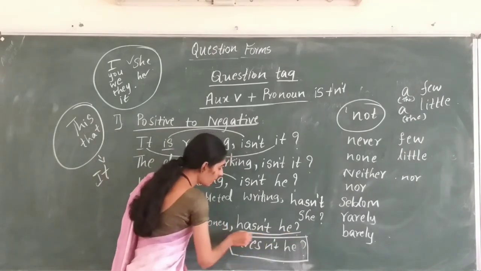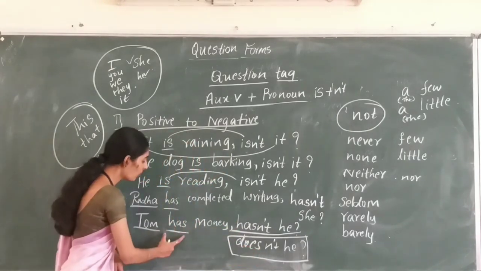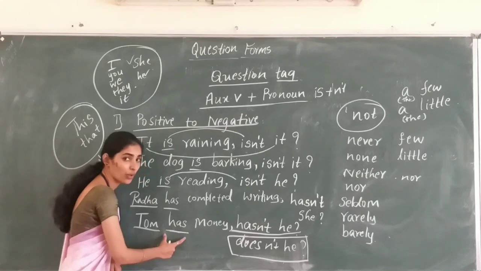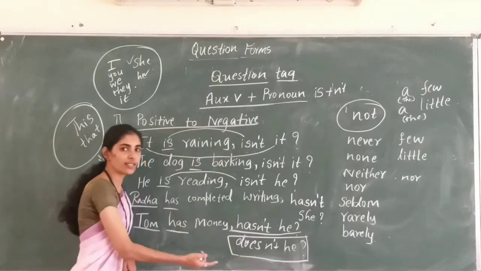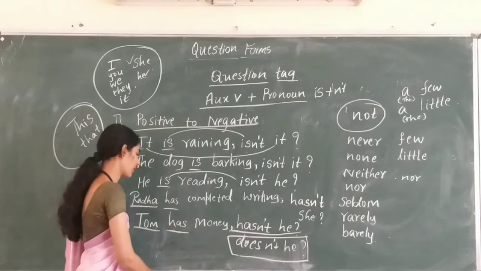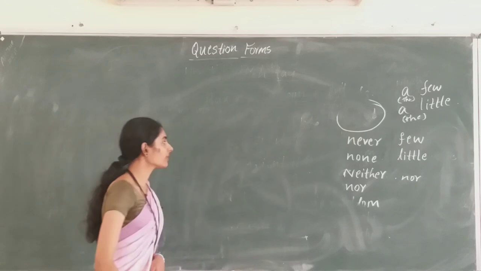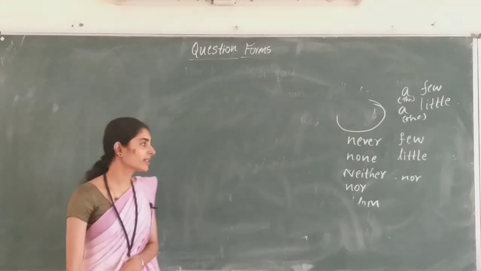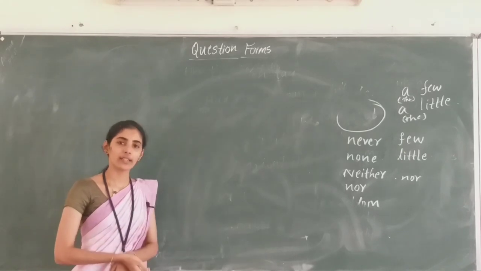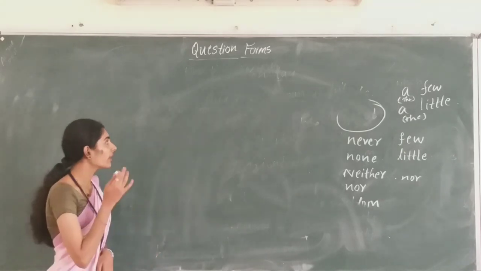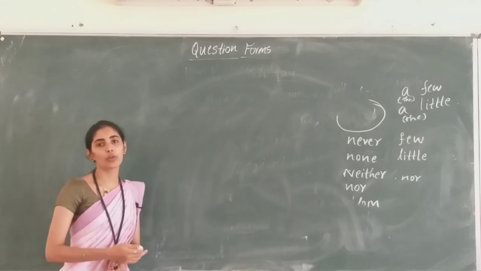But if you write doesn't in the examination, when the helping verb acts as the main verb, obviously your answer will be considered right. So I hope you understood. I think this is enough for today's class, and we'll discuss the other two forms in the next class with some more examples. So please remember all the question forms that have been discussed so far.